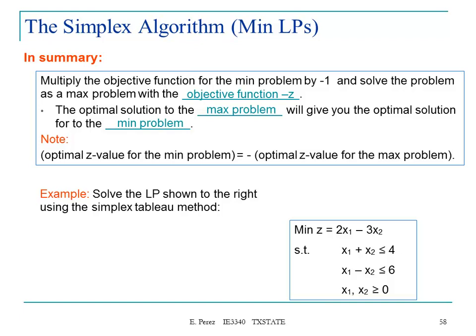Let's look at one example. Again, we have a minimization problem, and the objective function is 2x1 minus 3x2. And we have the constraints. We want to solve this problem using the Simplex method.